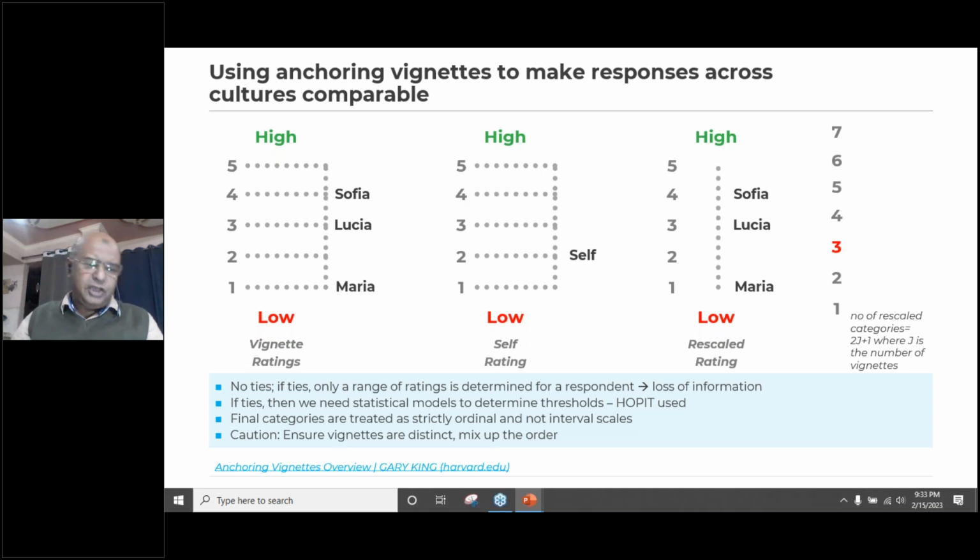The other thing that we need to remember here is that we have given the names Maria, Lucia, Sophia, so we need to ensure that these hypothetical individuals belong to the same cultural cohort that our respondents belong to. In this case, we are thinking about elderly, retired ladies in the United States belonging to the Hispanic community.